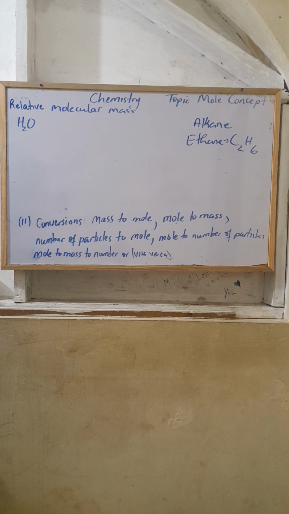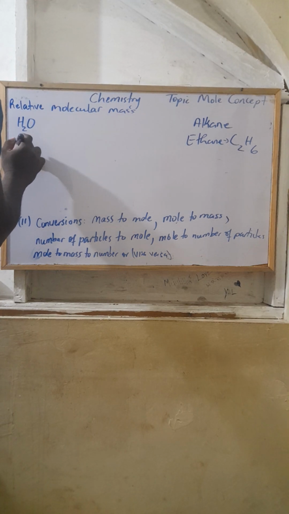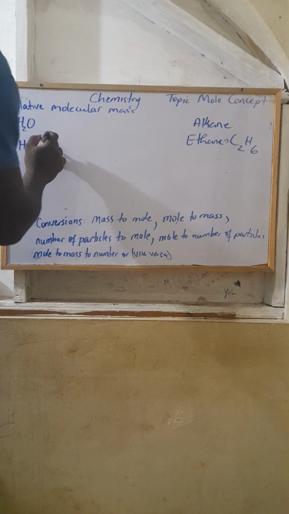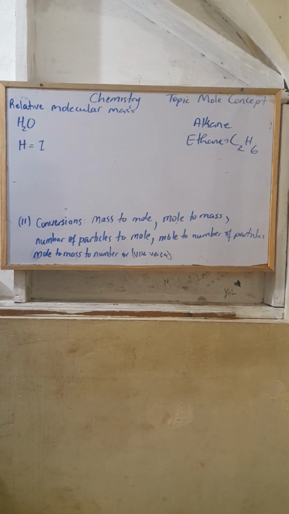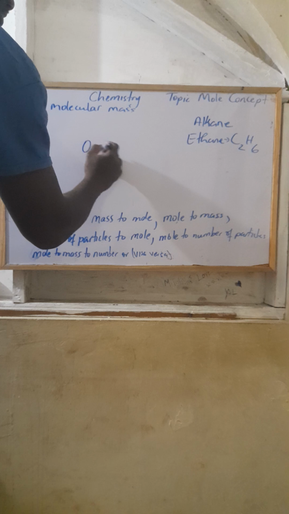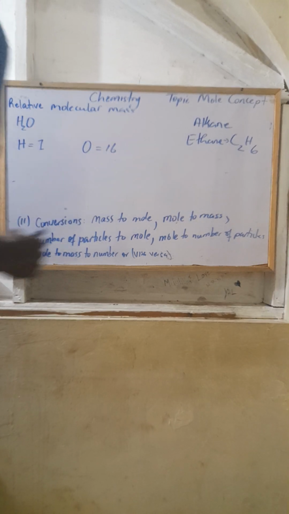Water. How do we then calculate the relative molecular mass of water? We must remember the relative atomic mass of each element that is involved. We see here that water consists of hydrogen, which has a relative atomic mass of 1. And it also consists of the element oxygen, which has a relative atomic mass of 16.